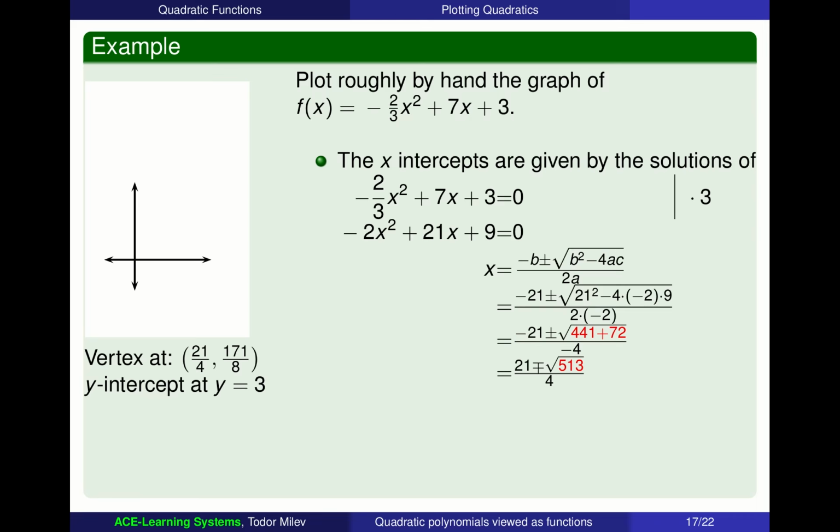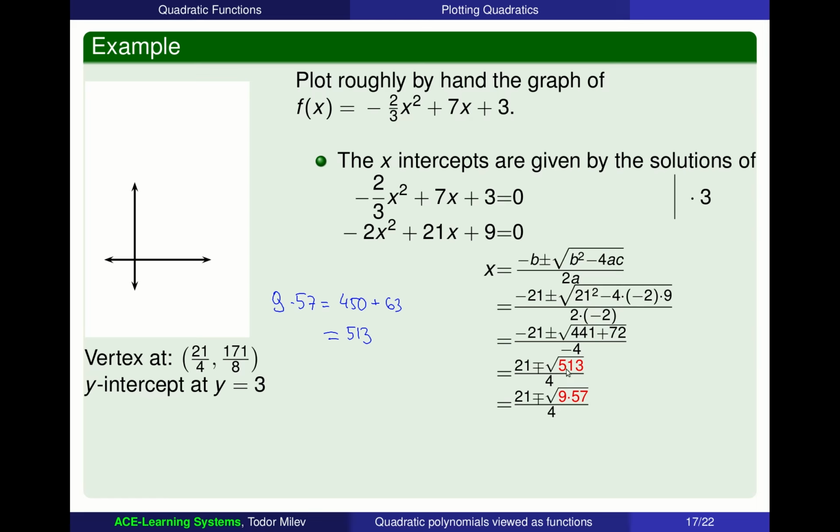And let's see, can we simplify that a little bit? Yes. 513 happens to be 9 times 57. Let's check that quickly. 9 times 57, that's 450 plus 63, which is 513. Now, how can you factor 513 as 9 times 57? Well, we already saw in our previous computations that 513 was divisible by 3, and then you can continue to factor out.